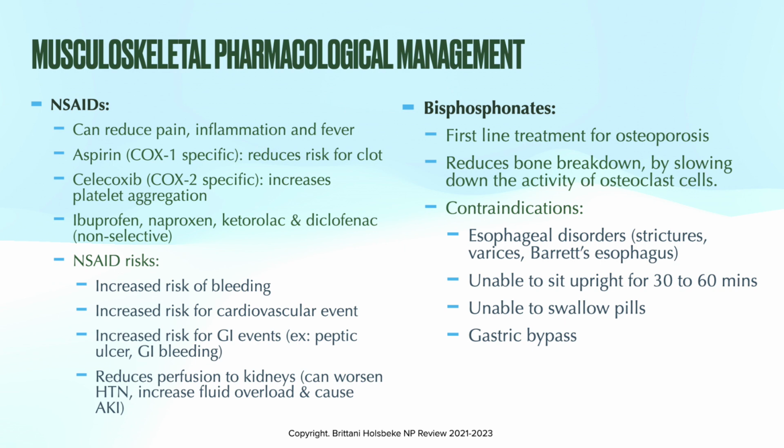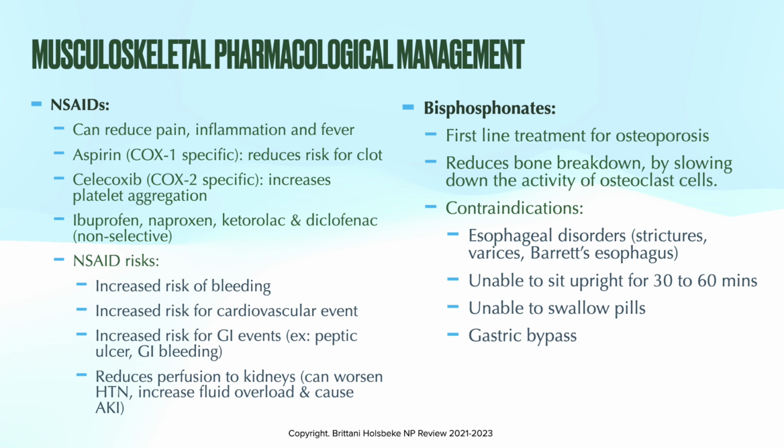Importantly, COX-1 promotes platelet aggregation, and COX-2 decreases platelet aggregation. And this effect that they have on clotting has a lot to do with the potential negative or potential positive side effects associated with these agents.